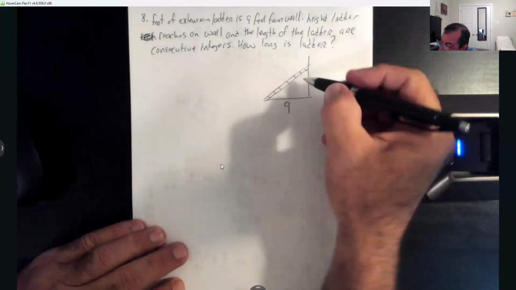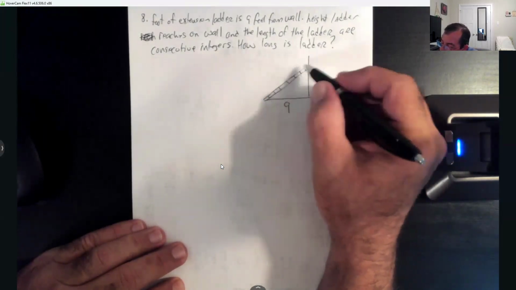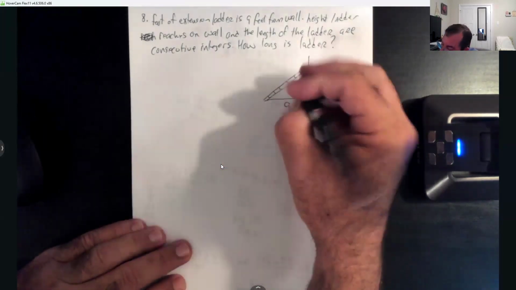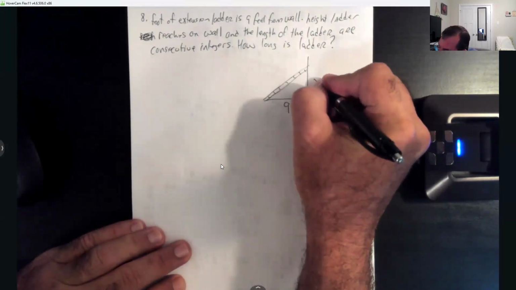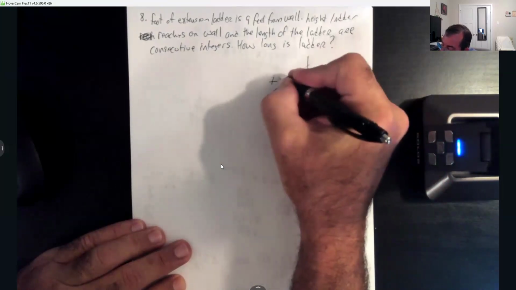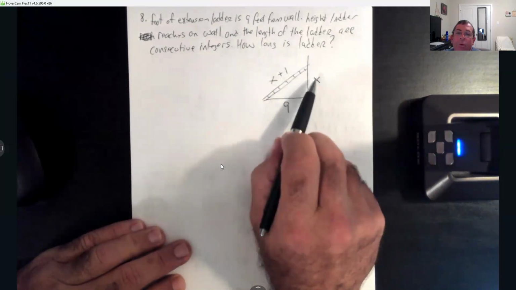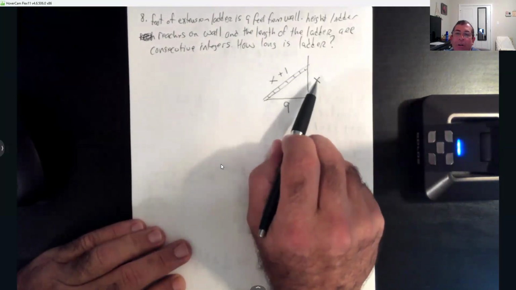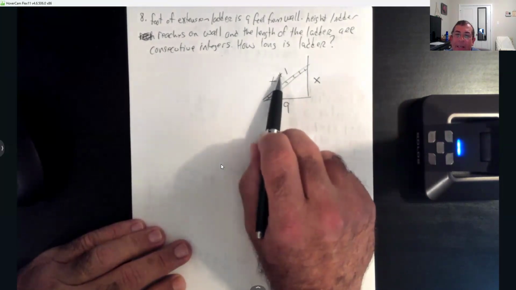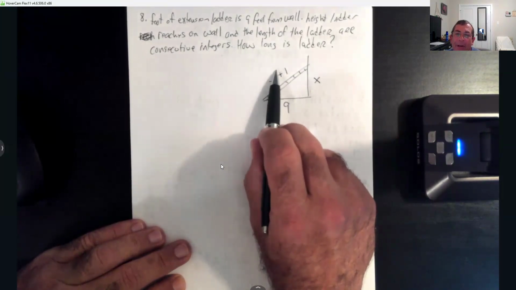Then it tells me the height it reaches on the wall and the length of that ladder are consecutive integers. So that's where I came in and said, if this height was X, this had to be X plus 1. That's what they mean by consecutive integers. If this is 5, 5 plus 1 makes this 6. If this is 10, 10 plus 1 makes that 11.